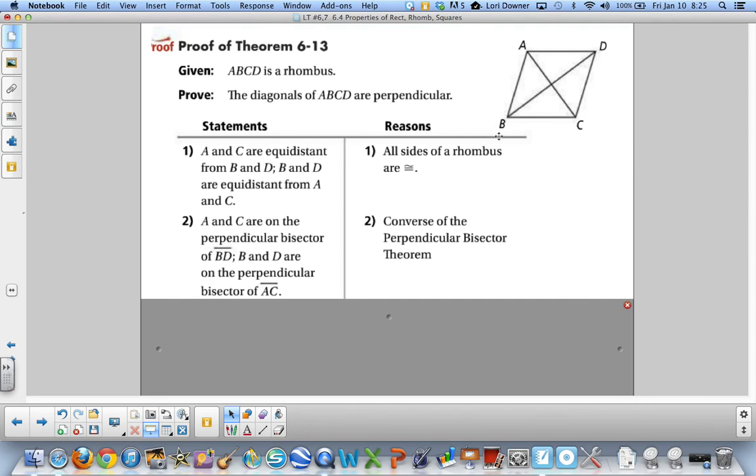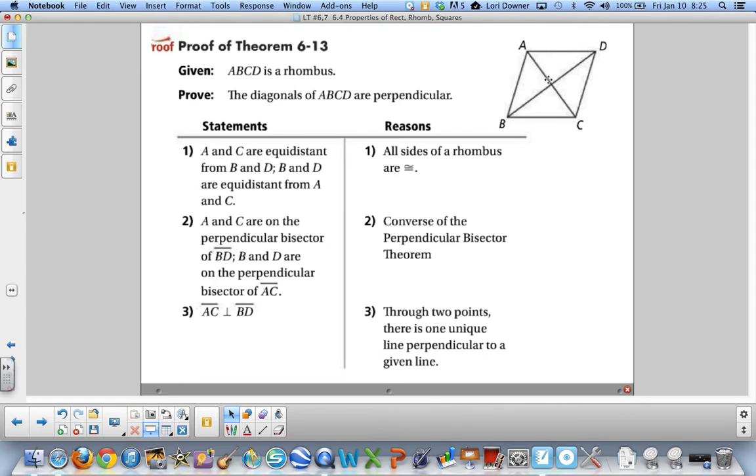Remember when we had 2 people in the room and everyone else had to stand equidistant from those 2 people? So we can see that AC would be on the perpendicular bisector of BD, since A is equidistant to B that C is. And that we call the converse of the perpendicular bisector theorem.